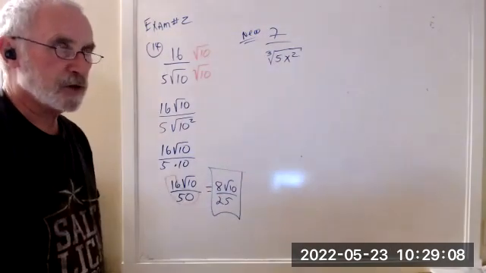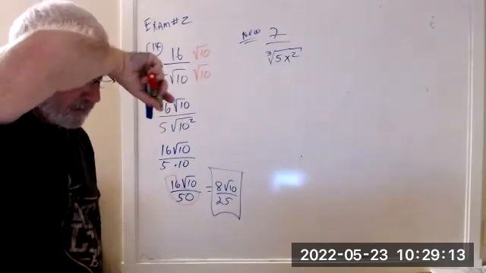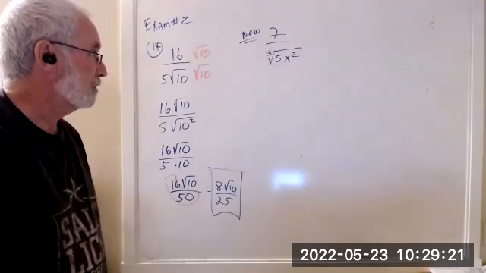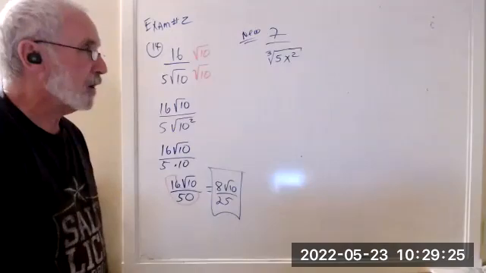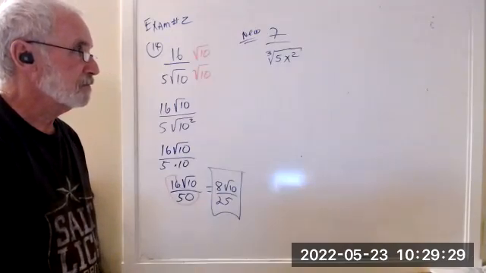How do you get rid of the cube root top and bottom? Multiply by 3? No. Multiply by x? X is part of the answer. Would it be 25x? Bingo.